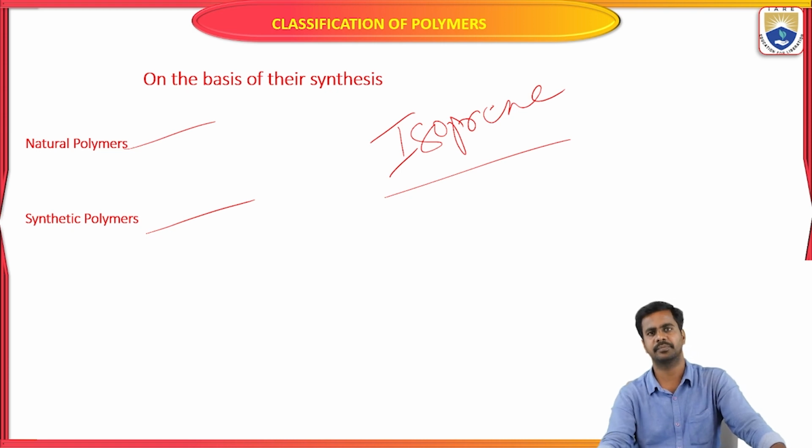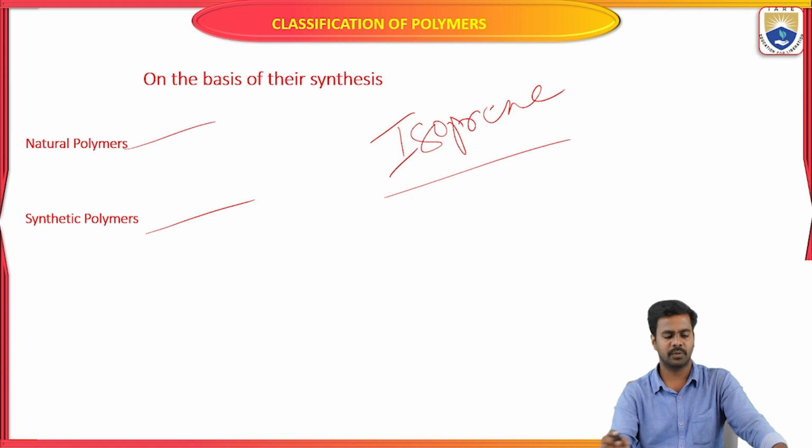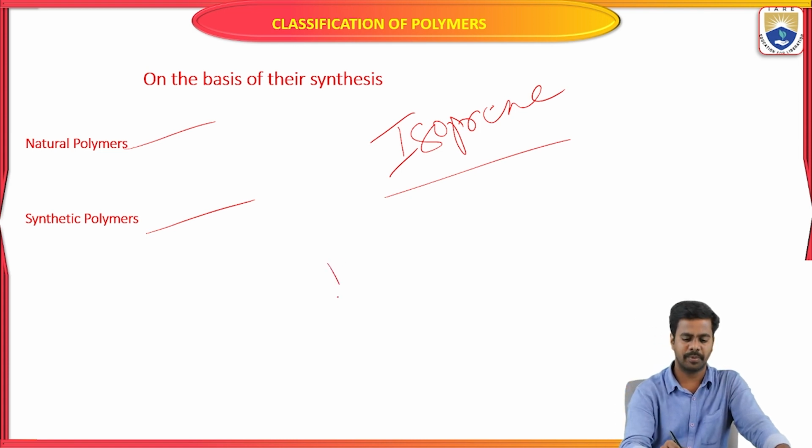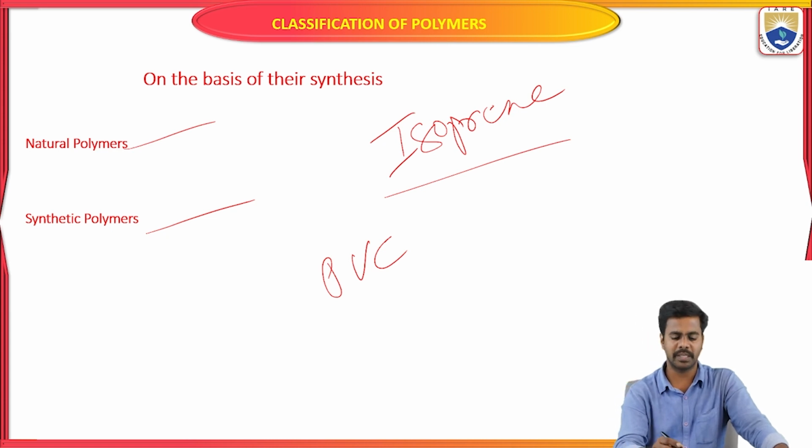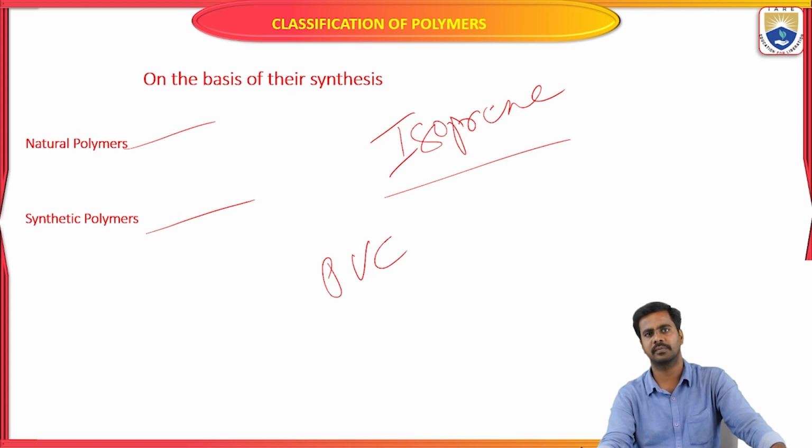And next one is synthetic polymers. To synthesize synthetic polymers, a separate synthetic or chemical procedure is available. For example, take PVC, polyvinyl chloride. To synthesize polyvinyl chloride, a particular polymerization reaction is there.